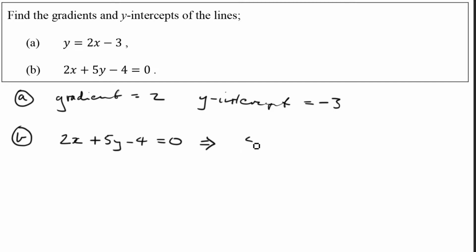So let's start off by subtracting 2x from both sides. And now let us add 4 to both sides. And now let us divide both sides by 5.